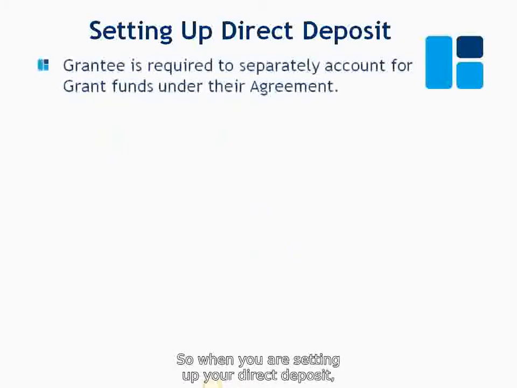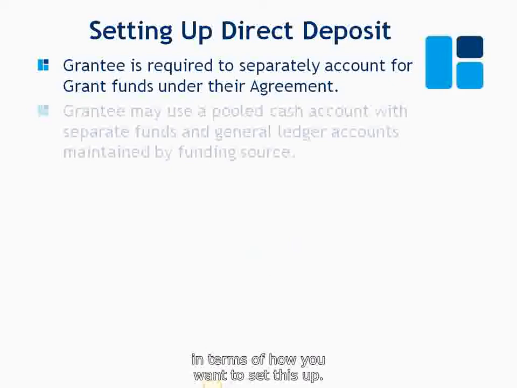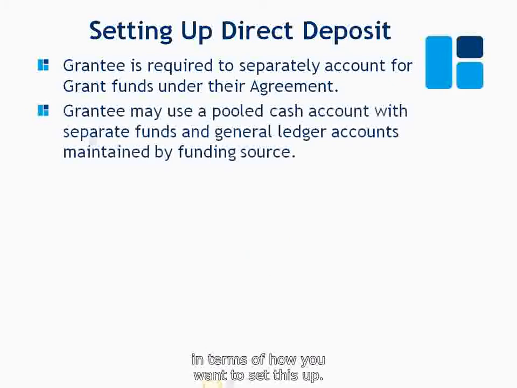So when you are setting up your direct deposit, there are a couple of different options in terms of how you want to set this up. You are required to have a separate account for your PRA 811 grant funds. That's part of your agreement with HUD.